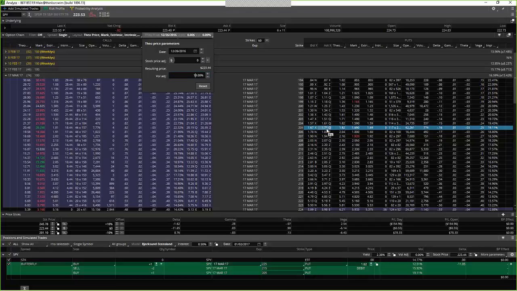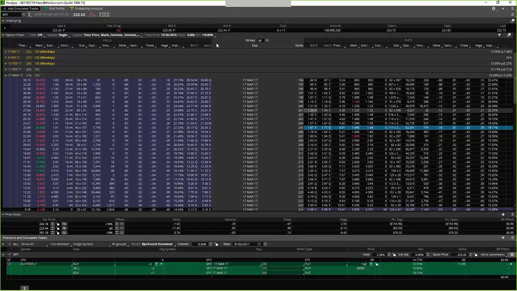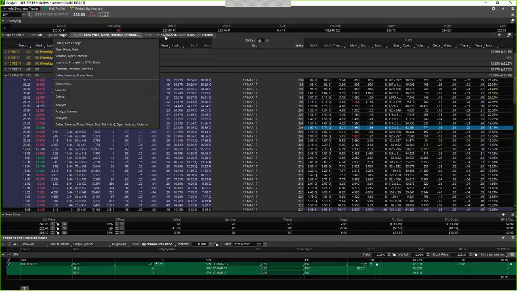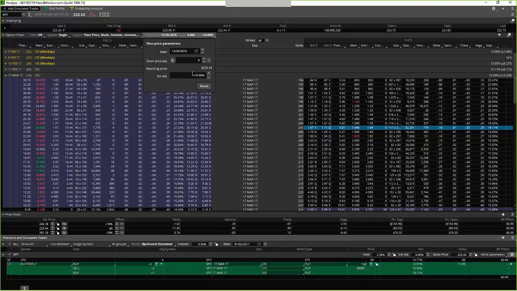Now I want you to look at what we've been doing here. Here was the theoretical price, and right next to it is the mark price. Did you see what happened when I clicked on it? Let me reset it.